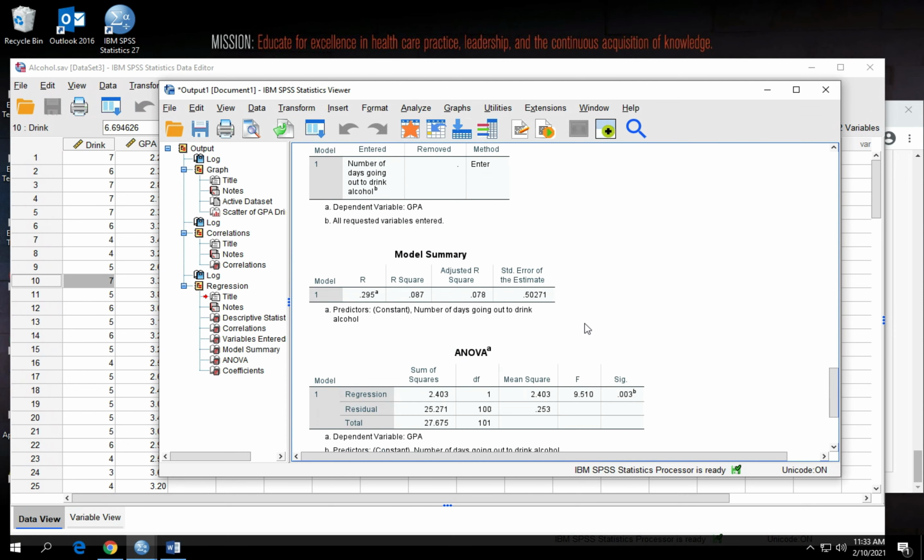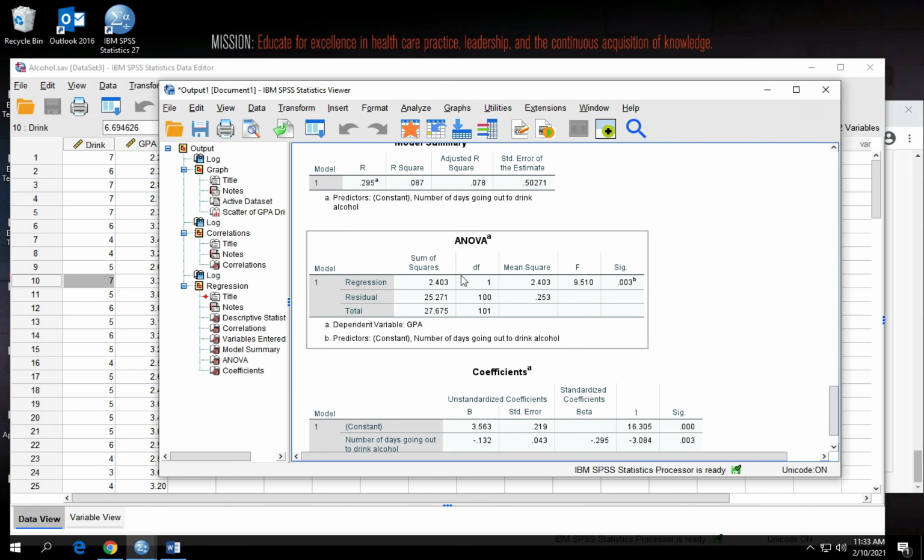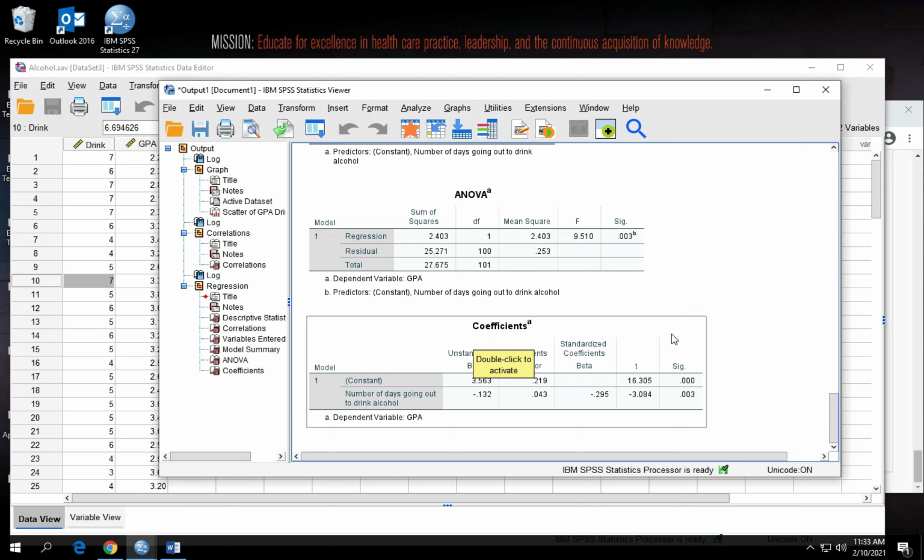If we go down here, this is our ANOVA. This tells us if our independent variable is a good predictor. It's 0.003, so it is significant. So we can say that the number of days going out to drink is a good predictor of GPA. If we look at this next table, this is going to tell us our equation.